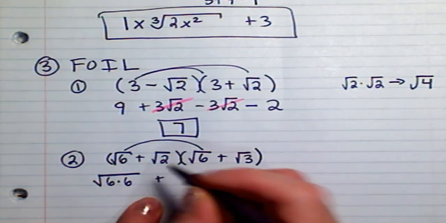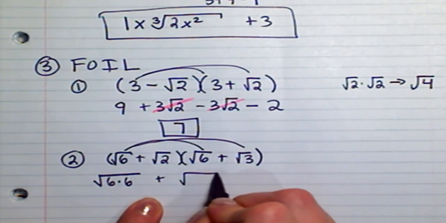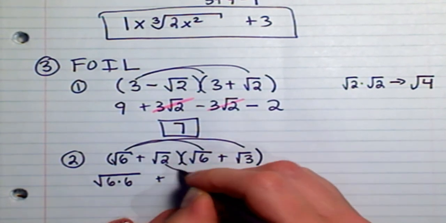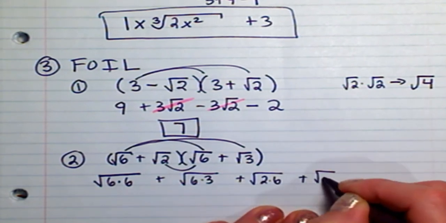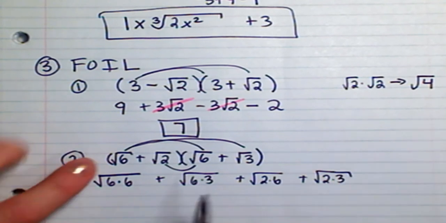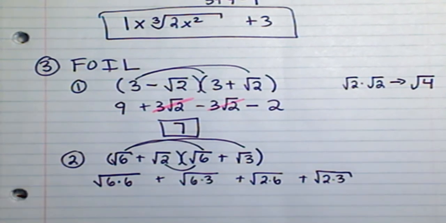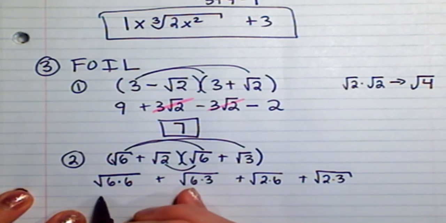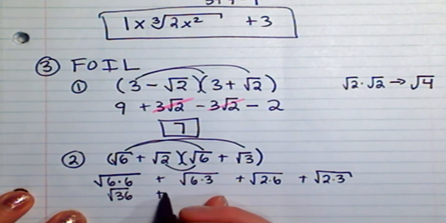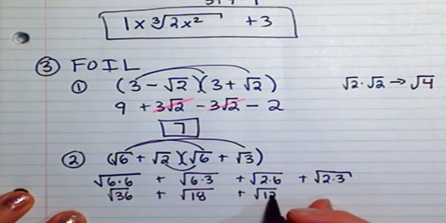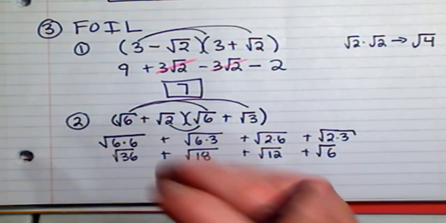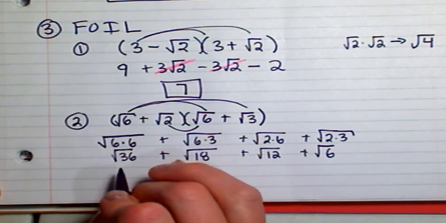First, outer, inner, last. Notice that each of these things went under the same radical. All right, so I'm just going to see what I can do here. Root 36 plus root 18 plus root 12 plus root 6. And I'm going to see if I am able to add any of these pieces together.